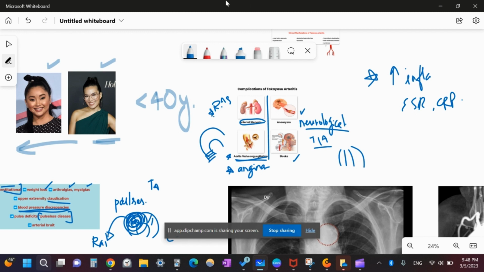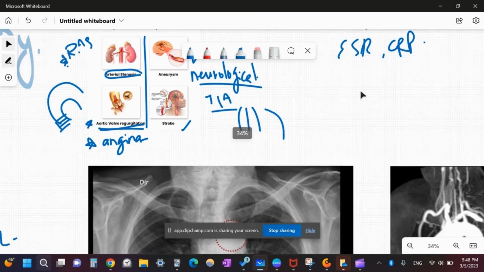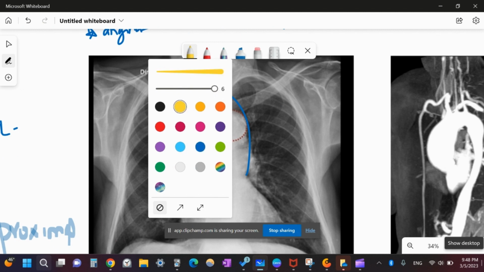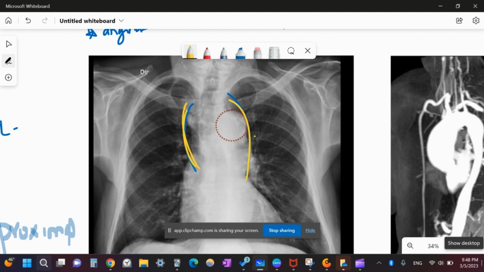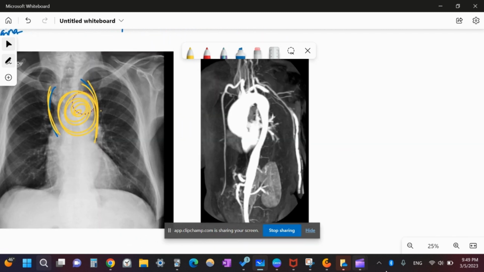But then if you go ahead and image them, for instance, if you take a chest x-ray, you're going to see mediastinal widening. You're going to see mediastinal widening because the arch of aorta can very well be affected, so there's going to be aortic dilation.